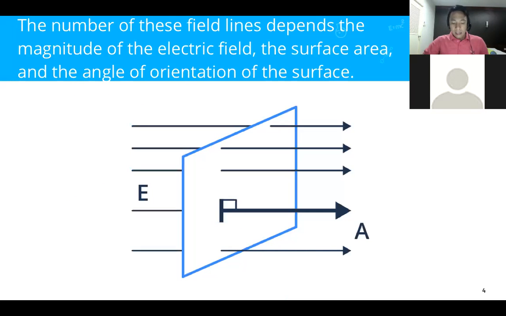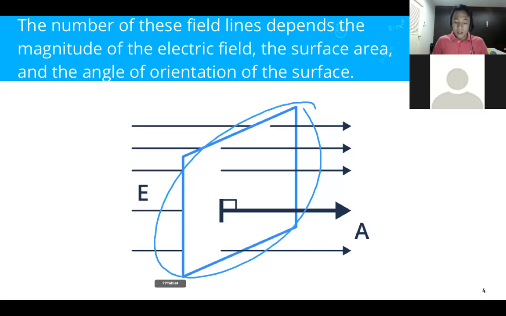The number of these field lines depends on the magnitude of the electric field, the surface area, and the angle of orientation of the surface. Last time, in our last topic, which is what we call the electric flux, right? I changed the electric fields into fish, and this plane or this surface, yung surface na yan is I exampled as the net.